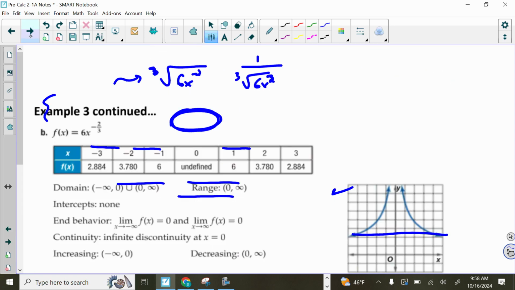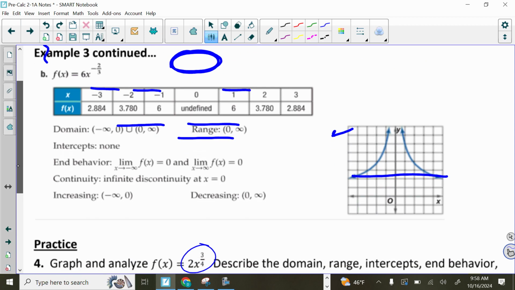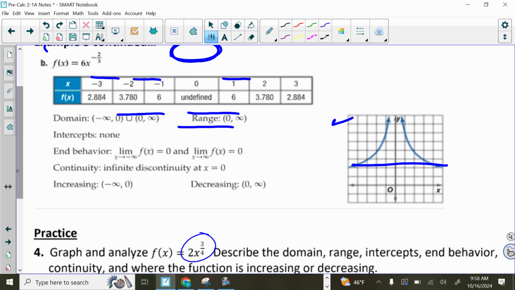So that's why on this graph, we know it's not going to go below the y-axis. Even though it's going a little closer this way, it might keep going closer to 0, but it's never going to cross there.